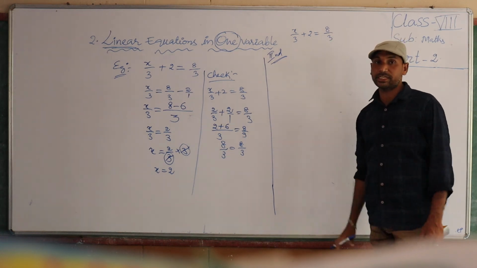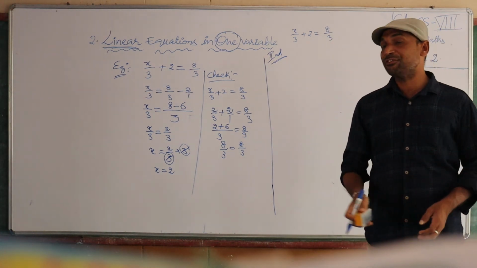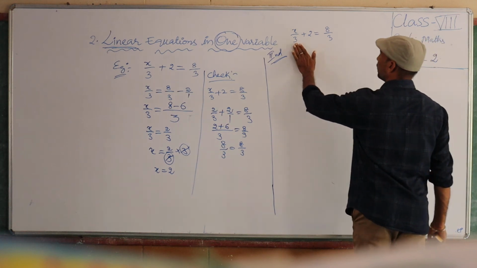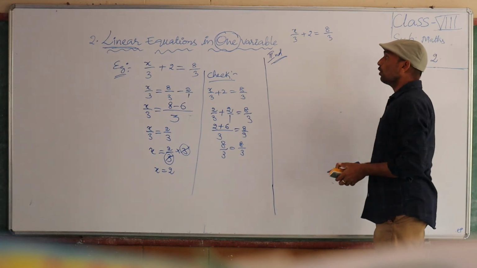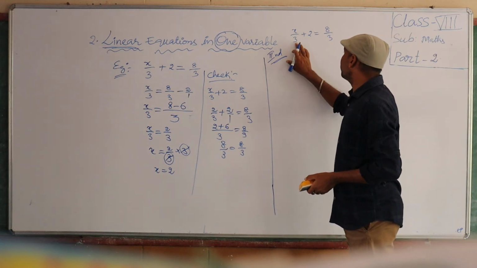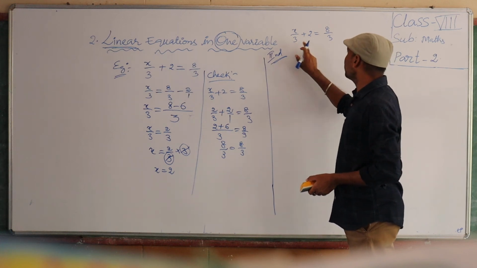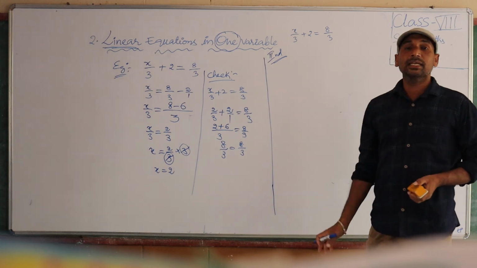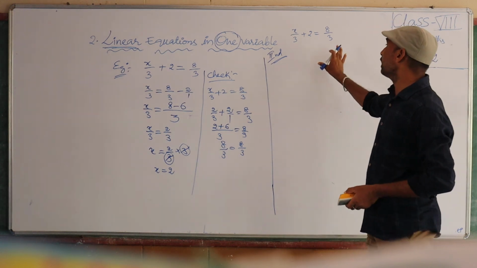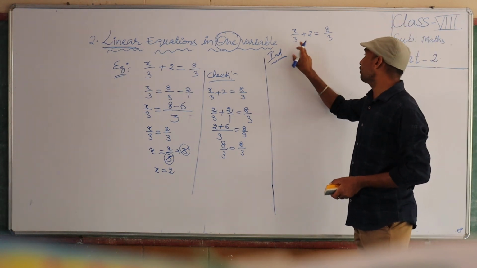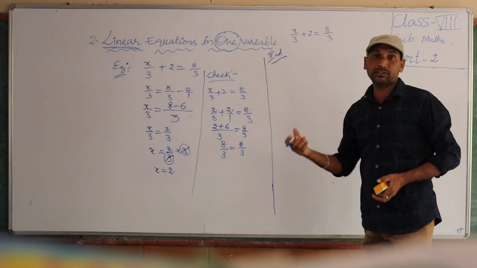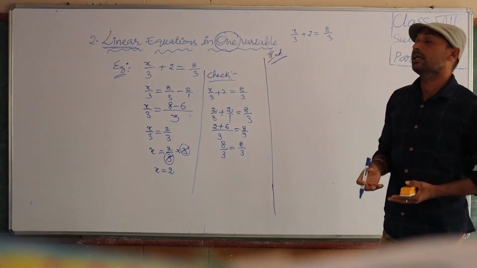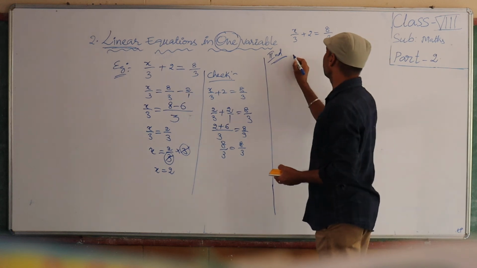Now fractions first. In the fractions, what is the denominator? 3. So whatever is given in the denominator, every term we multiply with that number on both sides. Here what is the denominator? 3. With 3 multiply every term on both sides.